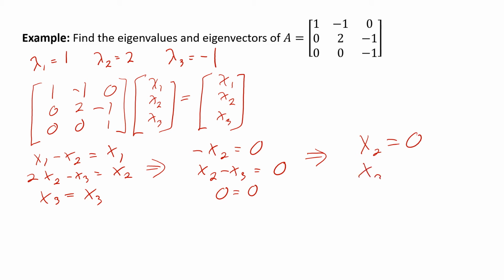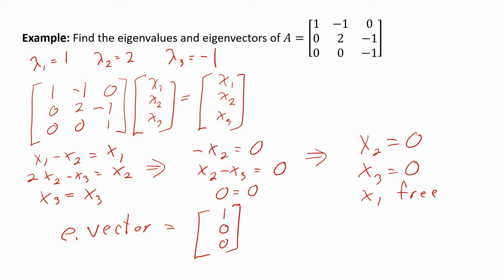It tells us that x3 equals 0, and it tells us that x1 is a free variable. You can set it to whatever you want. So the eigenvector is equal to 1, 0, 0. There is an eigenvector. Take this and multiply it by the matrix, and you'll see you come back out with 1, 0, 0. That gives us that eigenvalue.